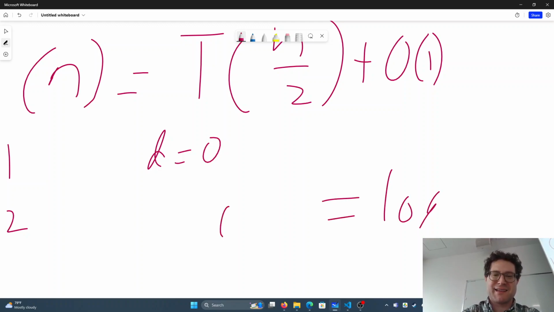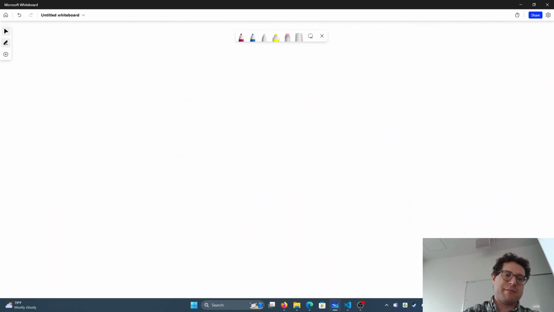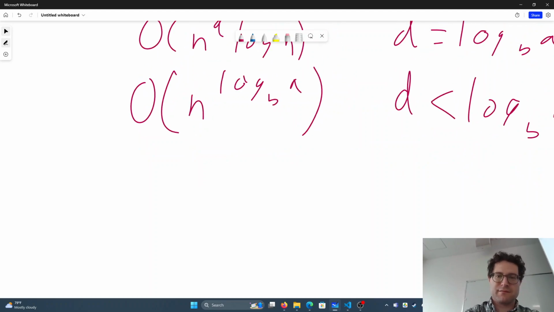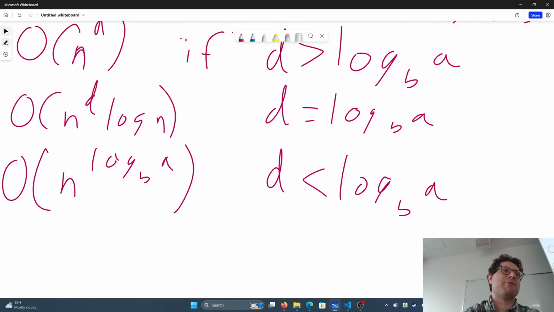We compare it, and we find that d is equal to log base b of a, which means 0 is equal to 0, so we use the middle formula, which is n to the dth power times log n, giving us log n. So the formula works for that.